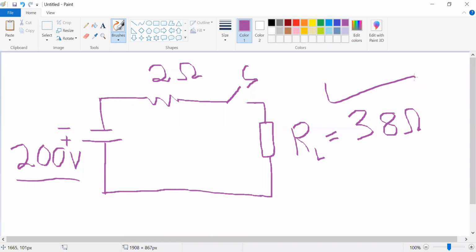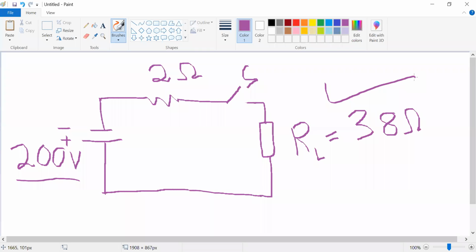This S is the switch. The circuit has a cable resistance of 2 ohms. 200 volts is the total supply voltage.